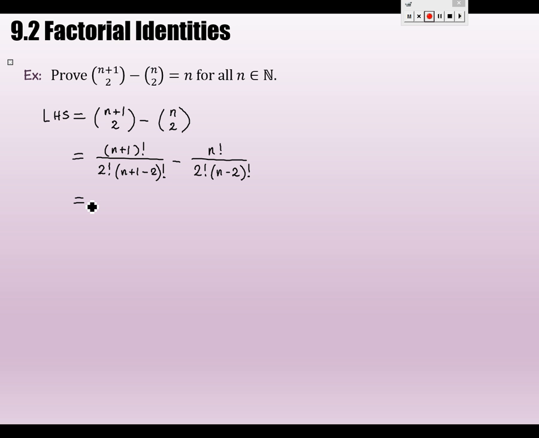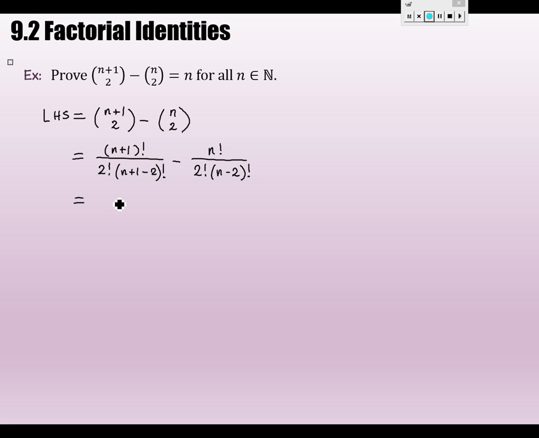You get n squared plus n over 2 minus n squared plus n. So you end up with n squared plus n minus n squared plus n over 2, which gives you 2n over 2, which is n.